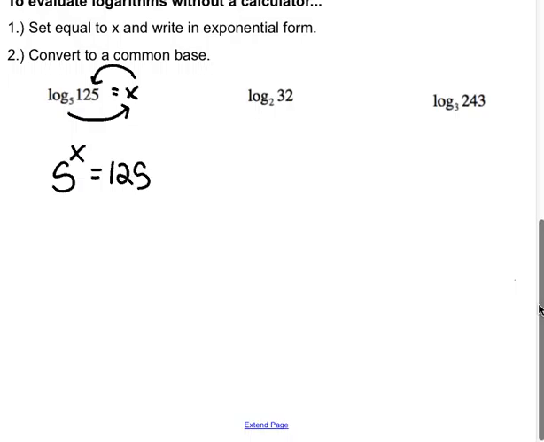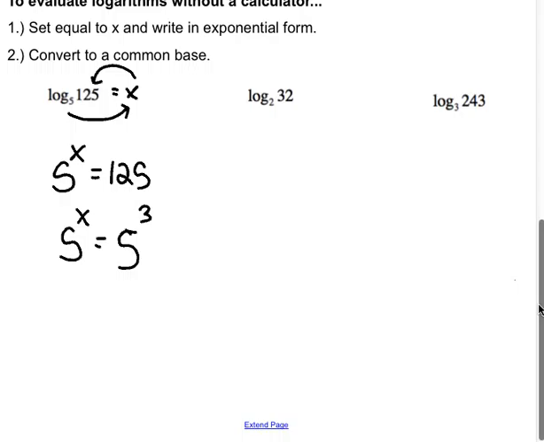Now, 125. I'm going to do some manipulating. I need that to have the same base as that side. Well, 125 is 5 to the 3rd power. So, because I can rewrite it like that, if I can write it in the same base, that means my exponents must be the same.